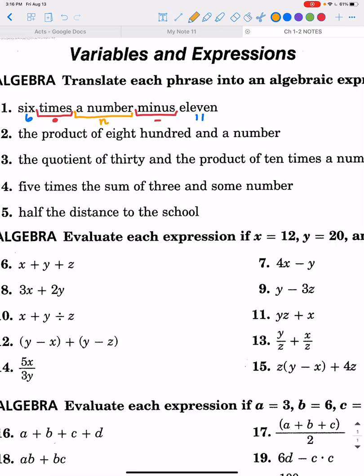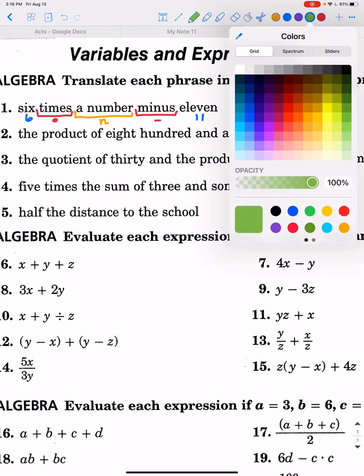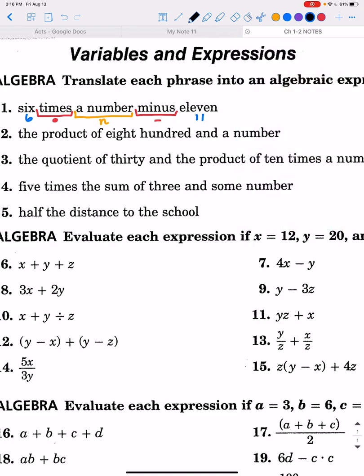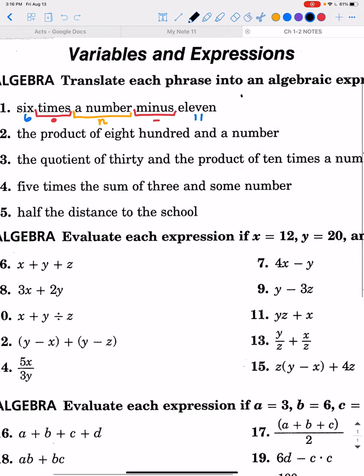So let me get black up here, okay? The answer that we're looking for is 6, let me undo that, sorry, I'll write it a little bit higher. 6 times some unknown number minus 11. Now this is technically right, but you always should clean up expressions to make sure that they are as neat as possible.